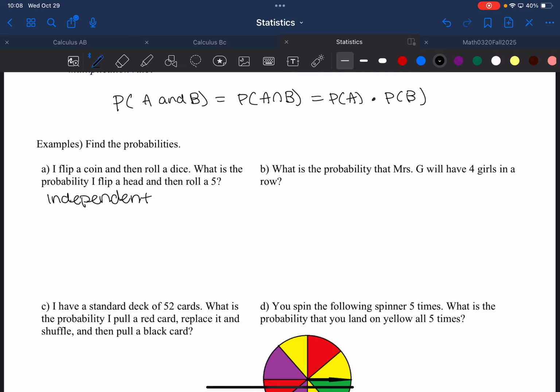So what's the probability of flipping a head? 50-50, right? Or how do we write that as a proportion? 1/2. Okay. Then it says roll a 5. What's the probability of rolling a 5? 1/6. So I'm going to say times 1/6, which means the probability of both happening is 1/12, or approximately 0.083.